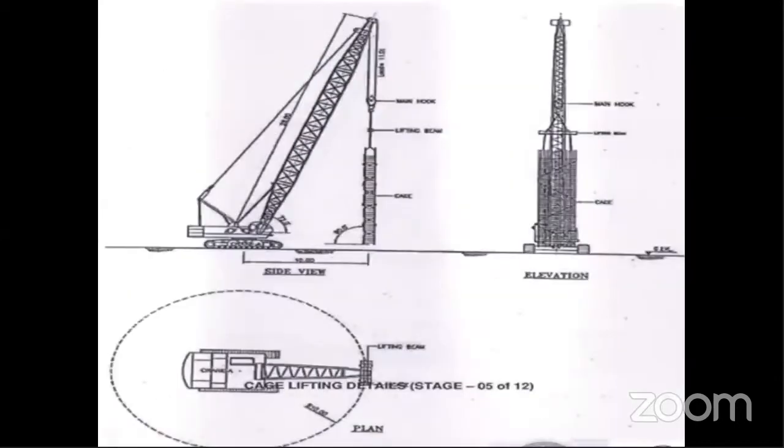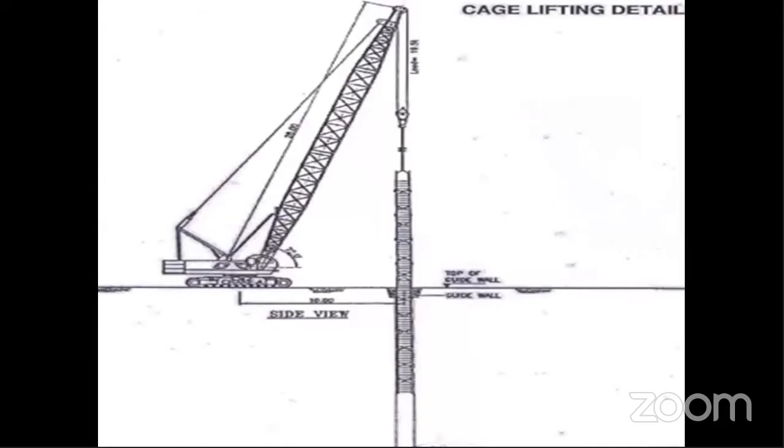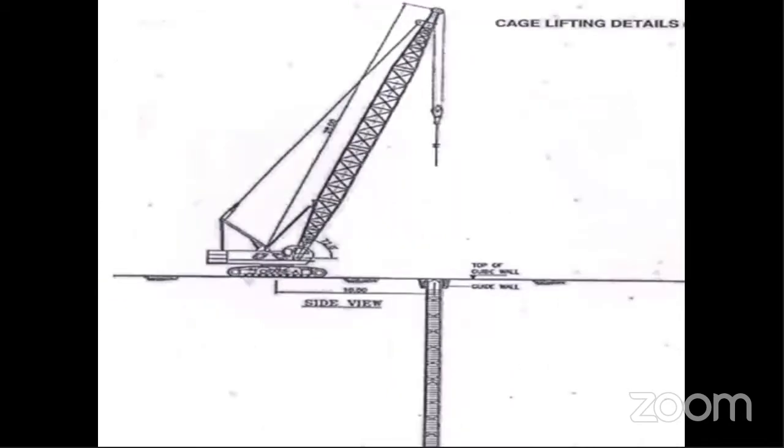After making our reinforcement cage in a vertical manner, we have to release the slings of the lower capacity crane. If you can see in this picture, the insertion of the cage inside the trench is in progress.